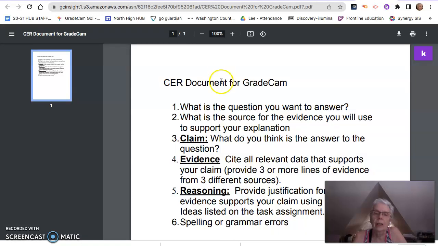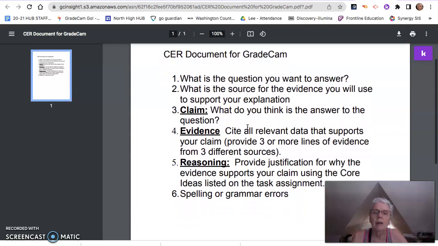So for each attachment, for question 1, you will either type or copy and paste your question that you want to answer. For question 2, you're going to give me your sources that you used. Then for question 3, you'll put the claim in there. For question 4, you'll give the evidence.